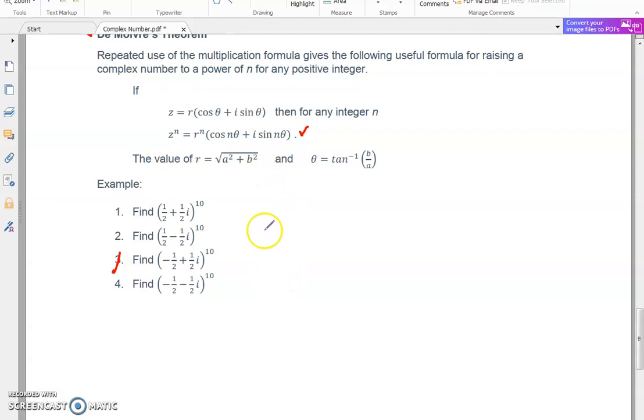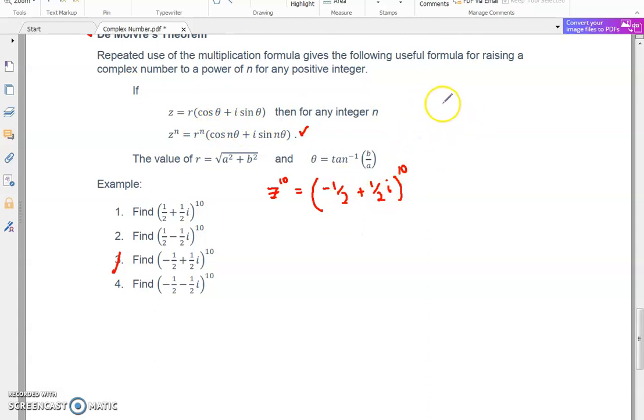The question here asks you to find z to the power of 10, where z equals negative 1 over 2 plus 1 over 2 i, all to the power of 10. As we did in the first video of De Moivre's, we need to find the value of r and theta.